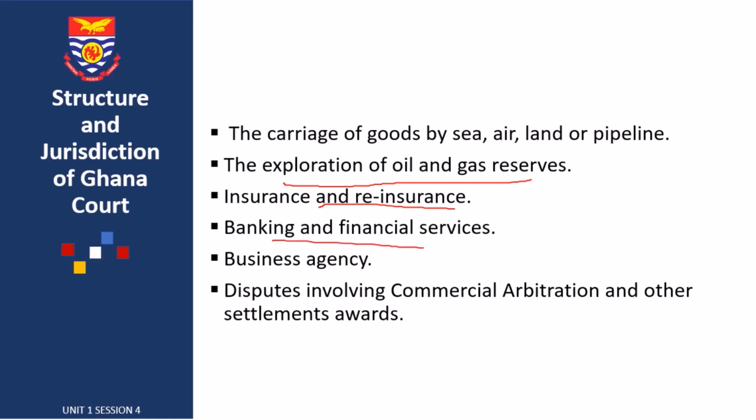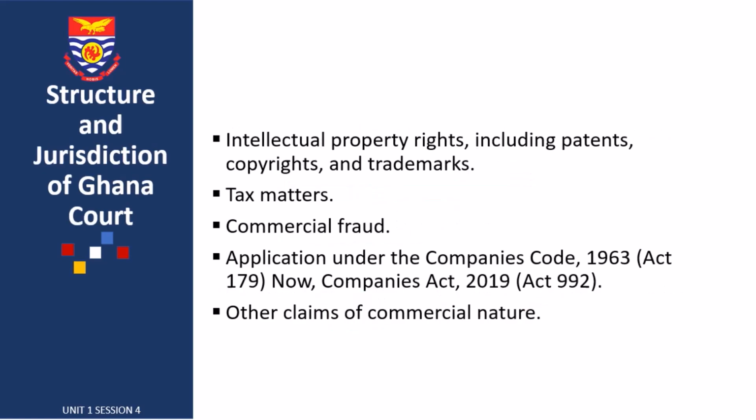Banking and financial services. Business agency. Disputes involving commercial arbitration and other settlement of awards. An award is the judgment given by an arbitrator at arbitration. We also have intellectual property, including patent rights, trademark, copyright, issues on tax, commercial fraud, and application of the company law.